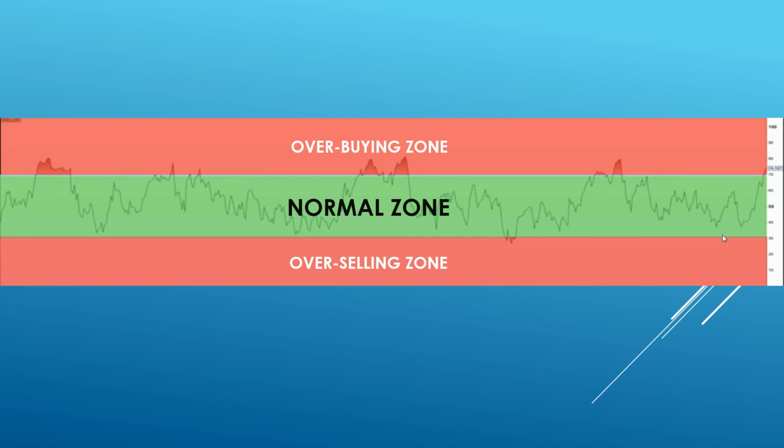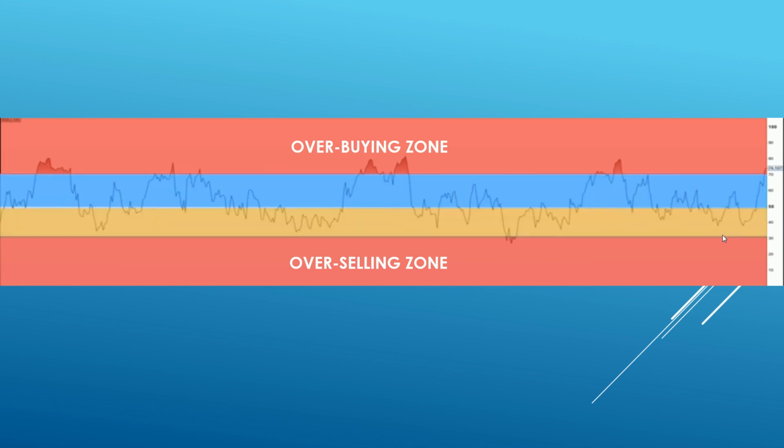In the normal zone, we have another division here, the blue and the yellow. From 50 to 70 is an up progression zone. It means the buying is progressing and getting up from 50 to 70.